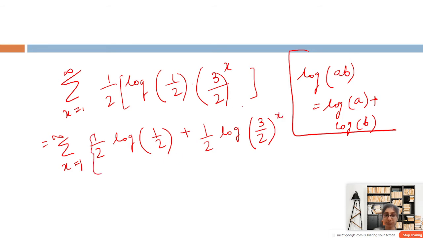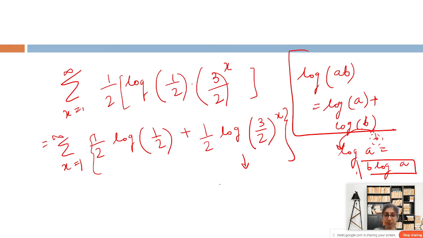And this whole term is contained in this sigma symbol. So also we know that log of a to the power b becomes b log a. Whatever is in the power will come in front of this log. That's what I have written over here.